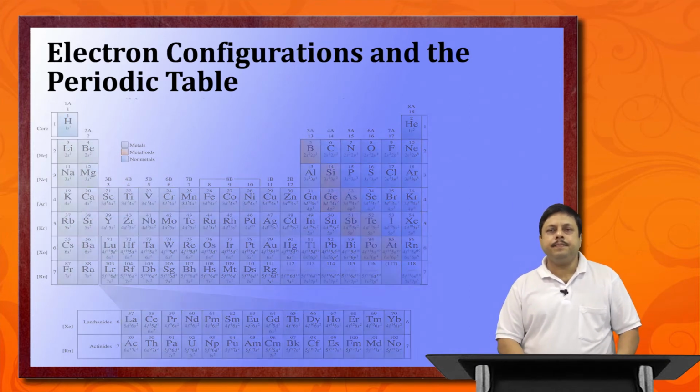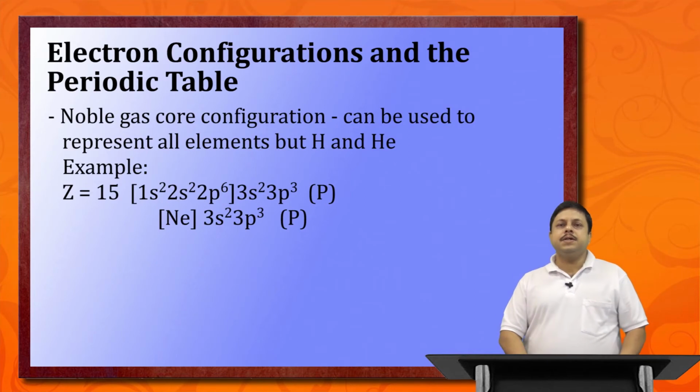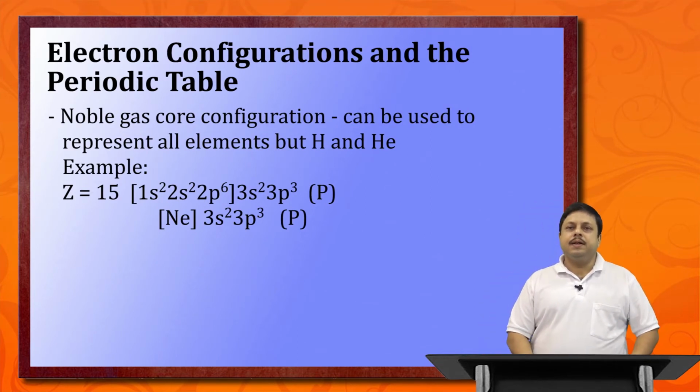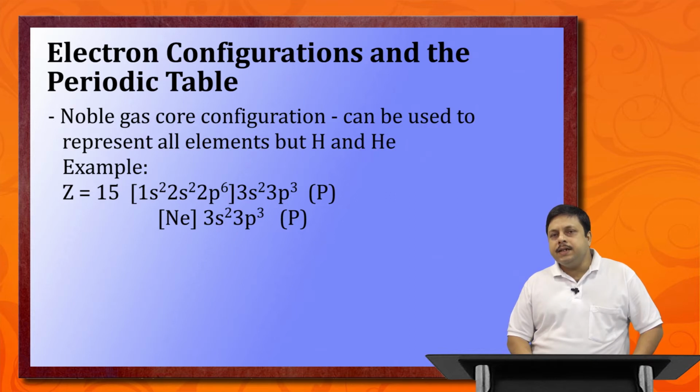Okay. So electronic configurations and these noble gas configurations can be done in the way that we have said. So for example, if you write Z is equal to 15, you can see that this portion is neon and the rest is like this.